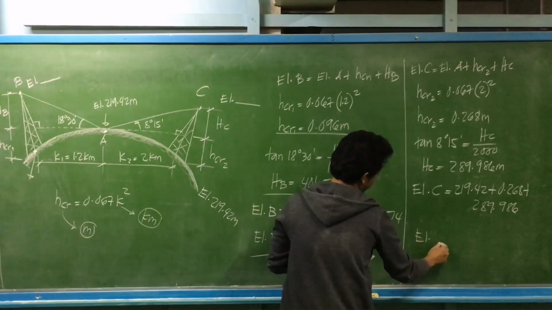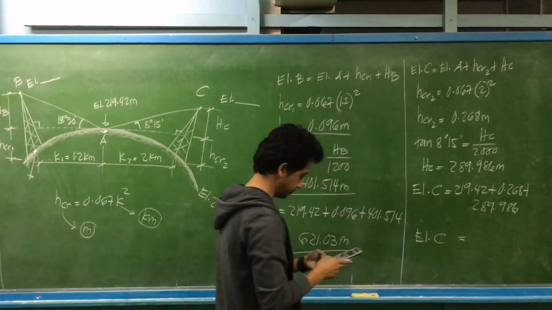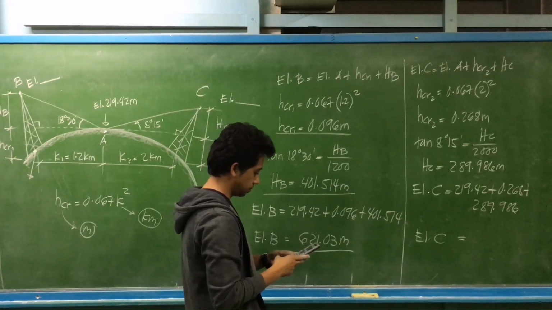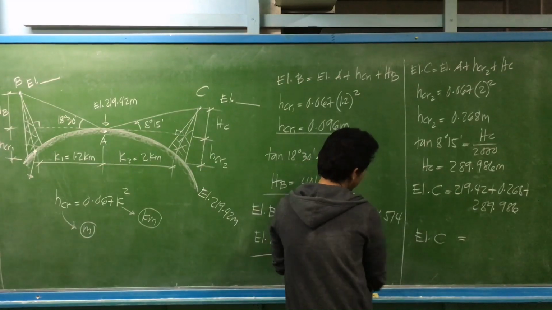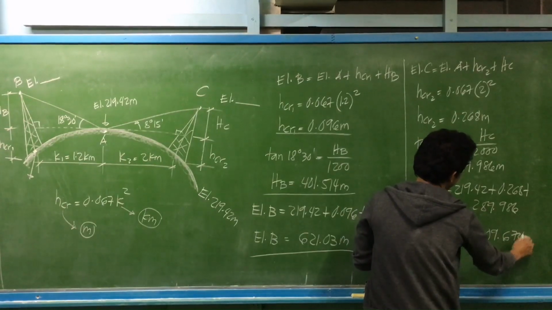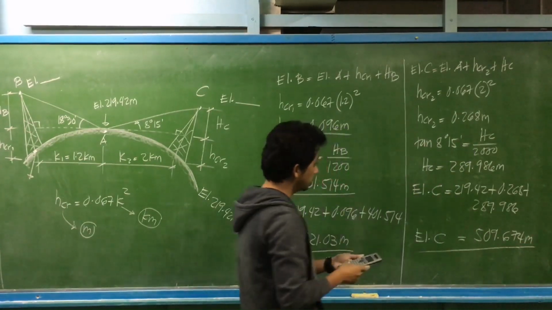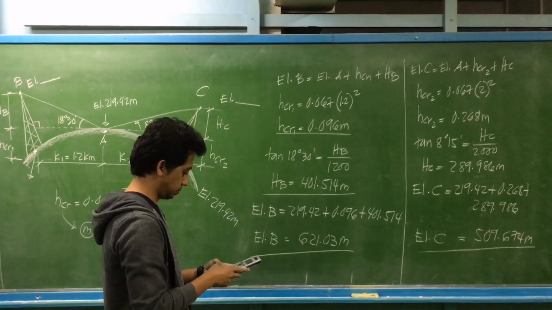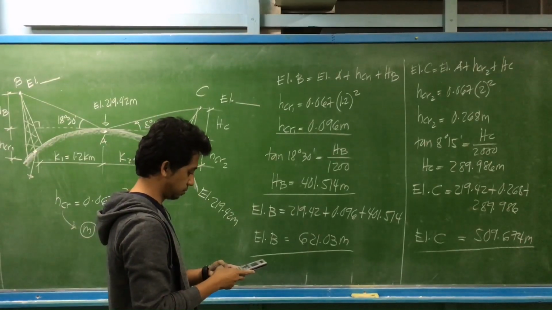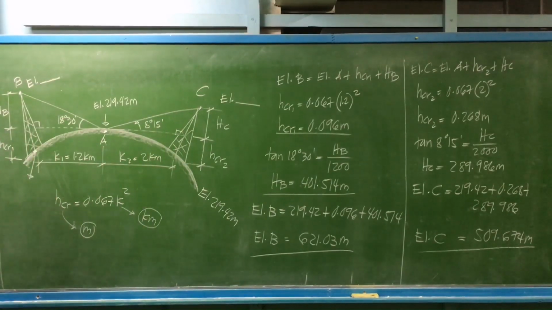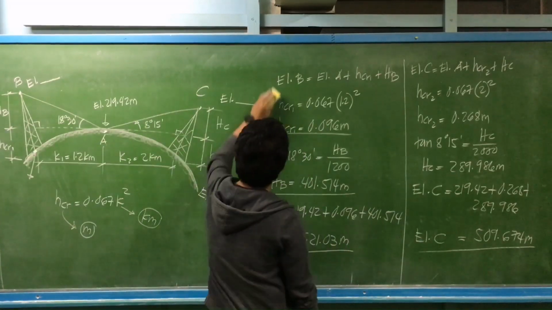So we'll be having the elevation of point C, an elevation of 509.674 meters. Okay. Double check. Okay, so 509.674.